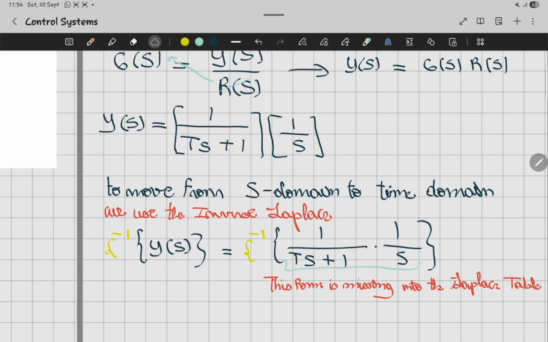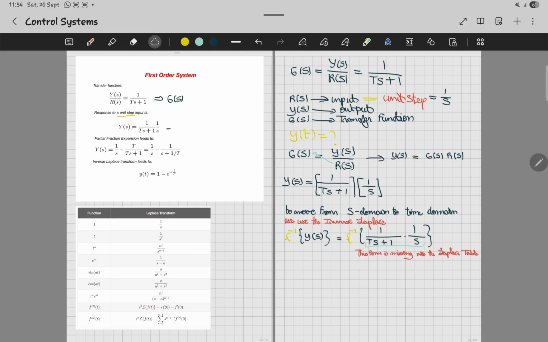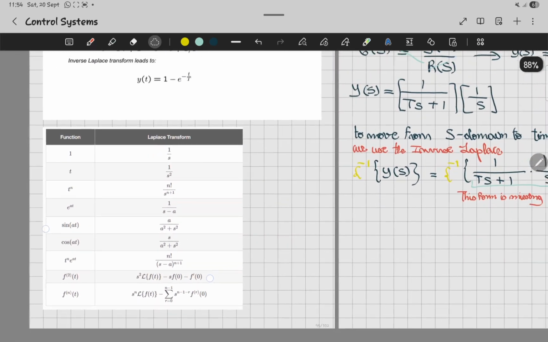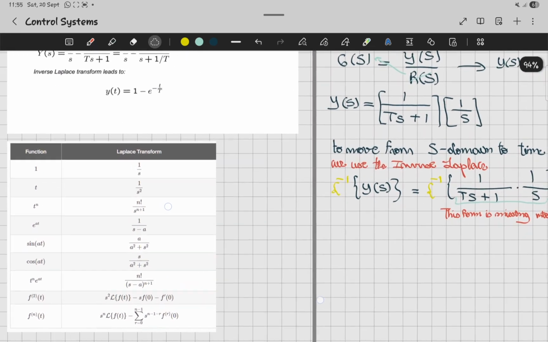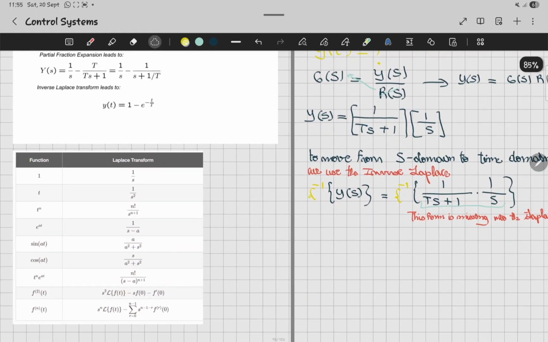Since we don't have this form in the table, I've imported the Laplace table so you can see. If you check for the form that we got here, on the Laplace table, this side is time domain and this side is S domain.